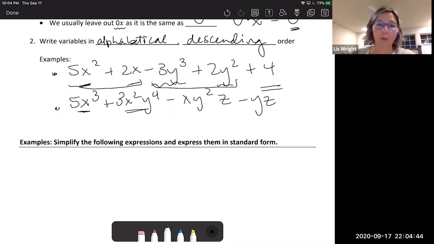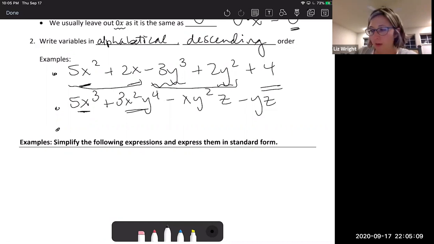Well, it's going to be just the x term by itself. So we put 5x cubed, and then looking at your next terms, alphabetically, the xy term would come before the xyz term. And then that yz term is going to come at the very end because it doesn't have an x on it. So alphabetically, it comes last.